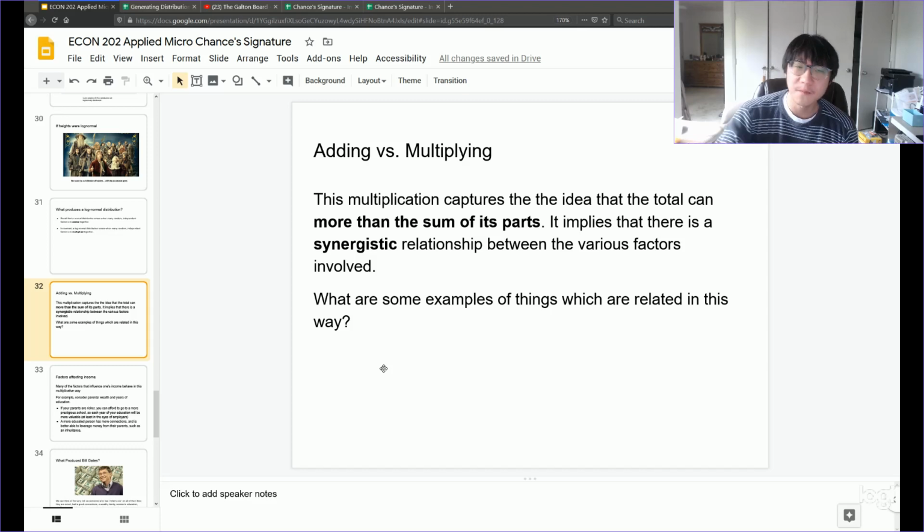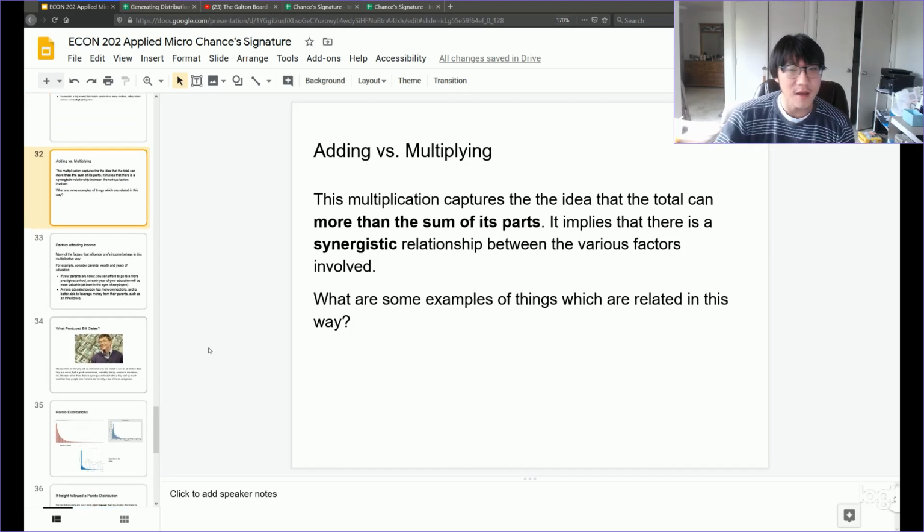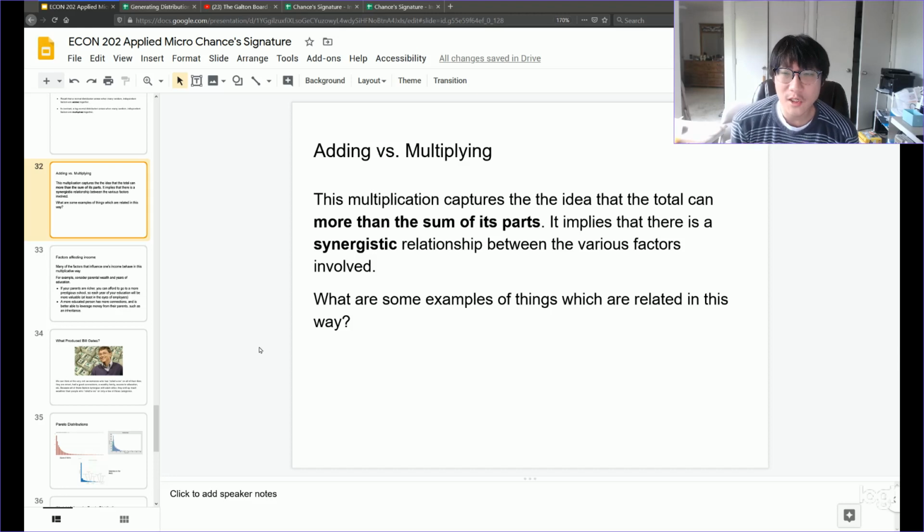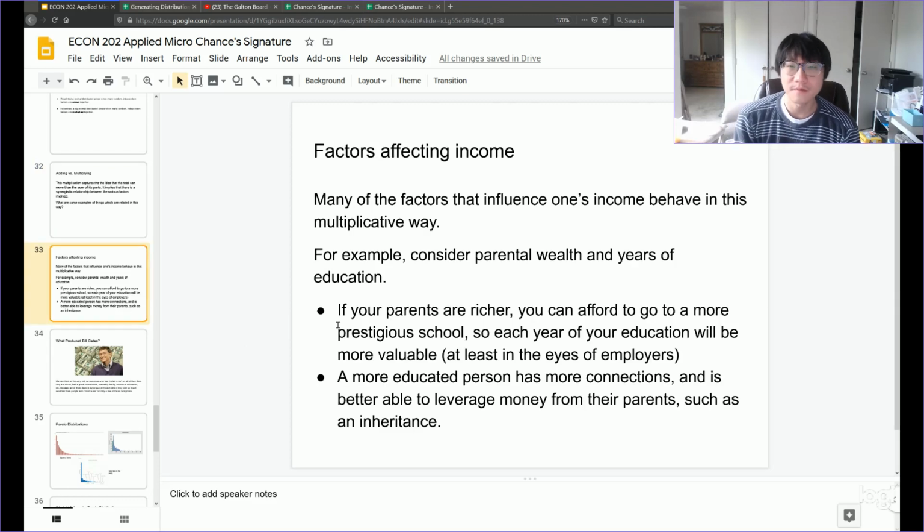Well, the idea here is that multiplication captures the idea that the total can be more than the sum of its parts. It implies basically a sort of synergy between the various factors that are involved in determining whatever factor is log normally distributed. So let me use the income example.